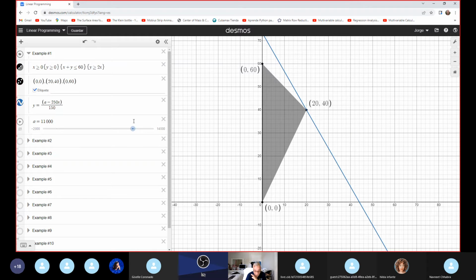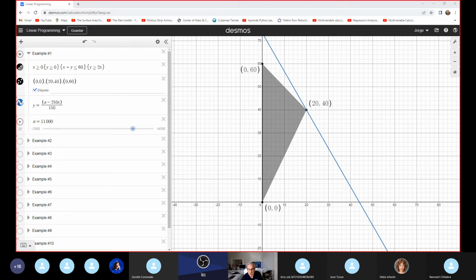Okay. Let me complete the idea. To complete the idea, I go to the whiteboard again. And I determine in Desmos, I found our feasible region looks like that.